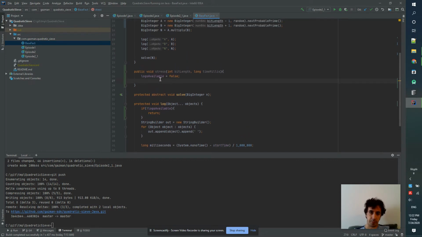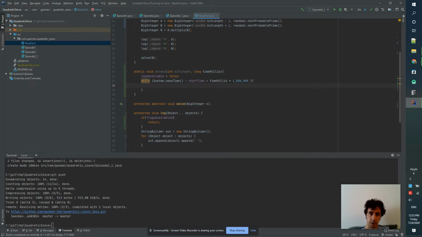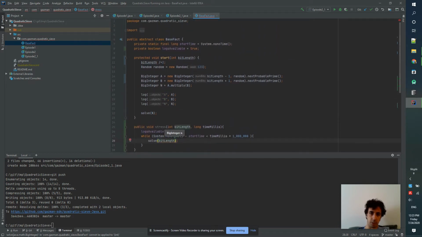And while system runtime minus start time is smaller than the time in milliseconds multiplied by nanosecond conversion, during this time we're just going to run the solve with the bit lengths.